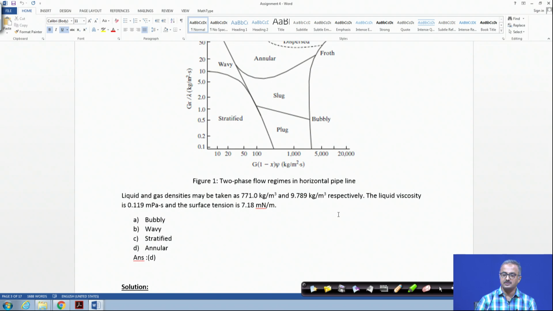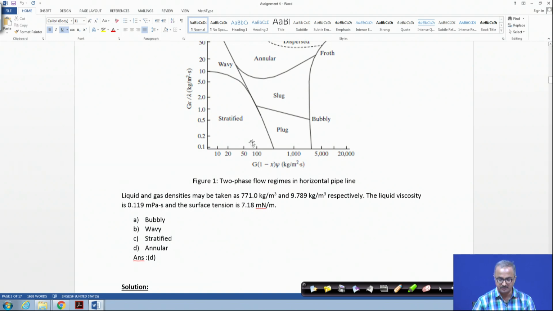These two phases will exist in the pipeline, and the flow regime this two-phase flow shows will give different pressure drops. This is important for us to know because depending on the pressure drop we shall be procuring the compressor or the pump. So this determines the pumping cost of the natural gas or the liquefied natural gas. That is why it is important for us to know what kind of flow regime we have and the corresponding pressure drop.